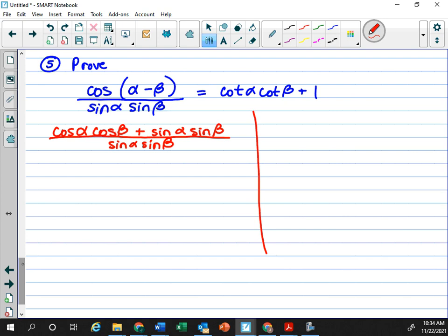Yes, we're going to write this as two fractions. We're going to undo the common denominator, so that denominator goes in both fractions. So it's cosine alpha, cosine beta over sine alpha, sine beta plus sine alpha, sine beta over sine alpha, sine beta.